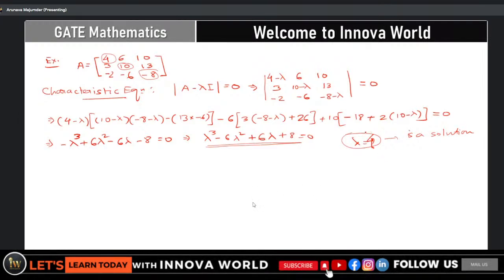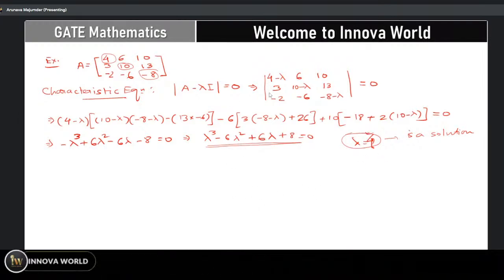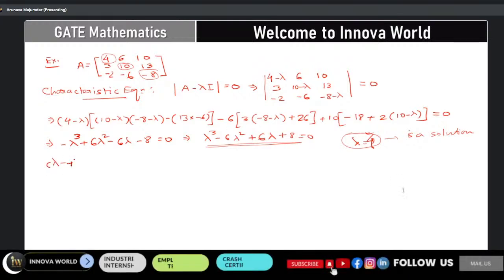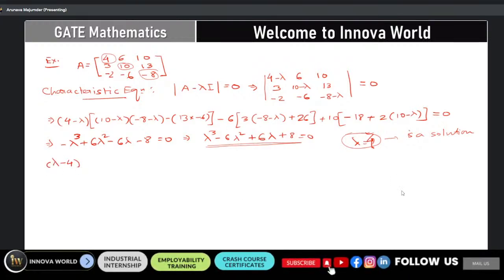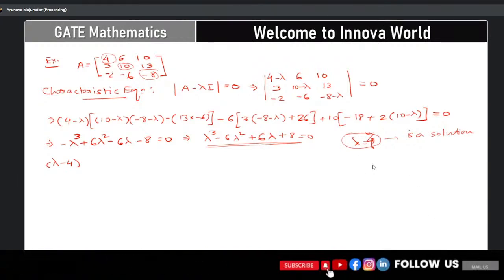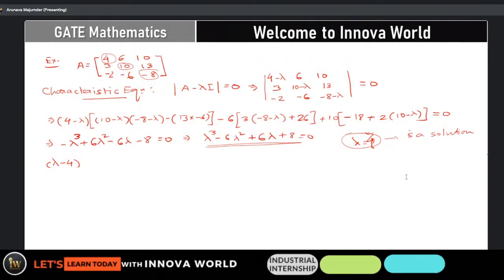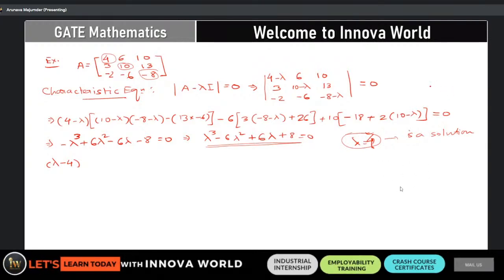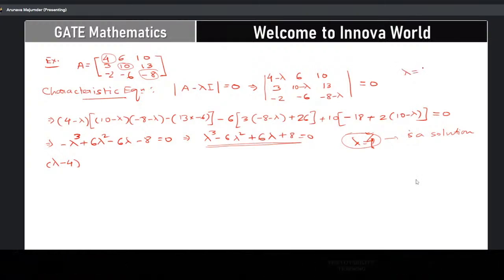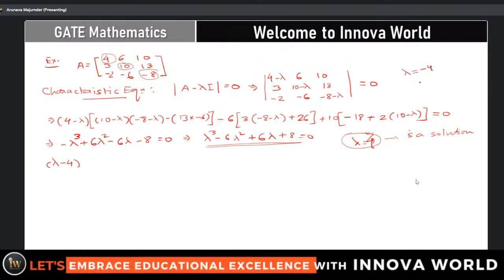If lambda equal to 4 is a solution, we can say that lambda minus 4 is a factor. One thing, a note I'm giving you: let us suppose lambda equal to minus 4 is a solution, then what will be the factor?